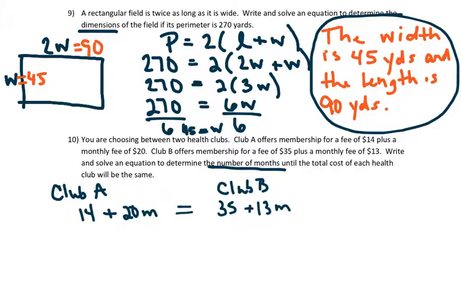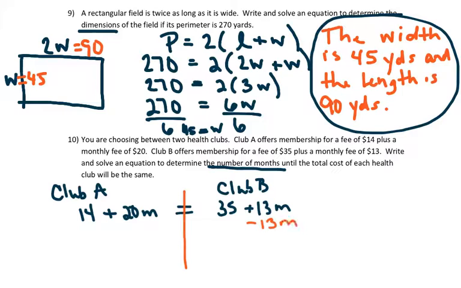So there's my equation. Now, when we solve equations with variables on both sides, remember our first objective is to get the variables on one side. So I have a 13M on the right hand side. I need to get it away from there.